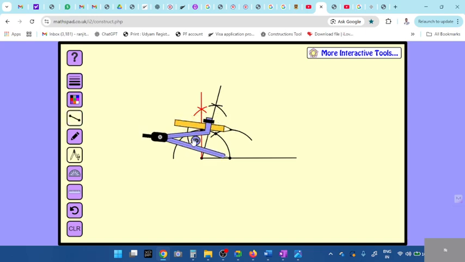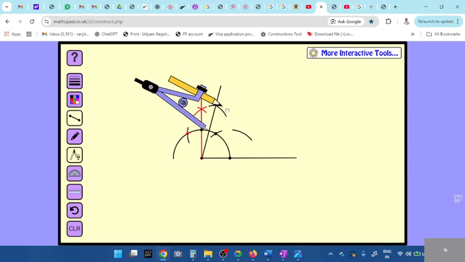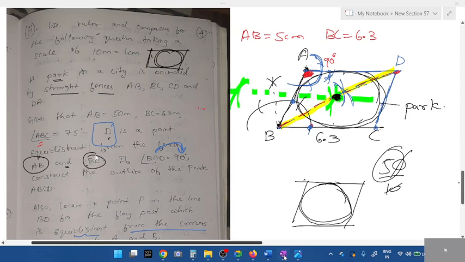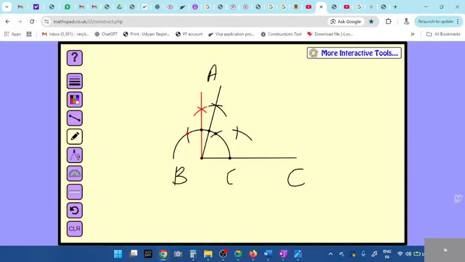From here, one arc, and from AB, from A to B, from this, one more arc. Like this. AB is 5 centimeters, BC is 6.3. Remember that.